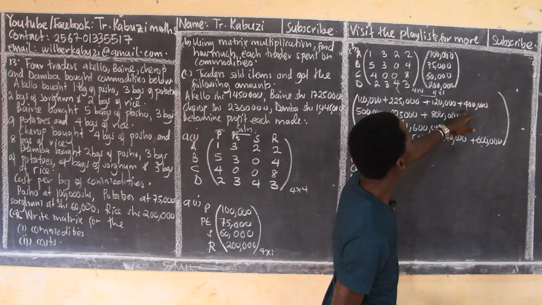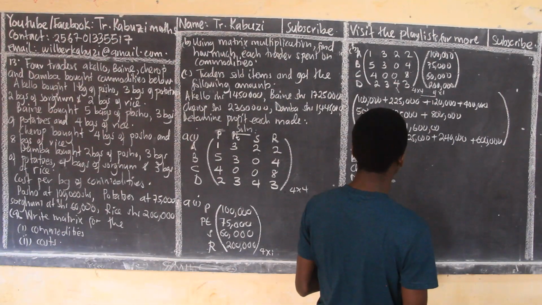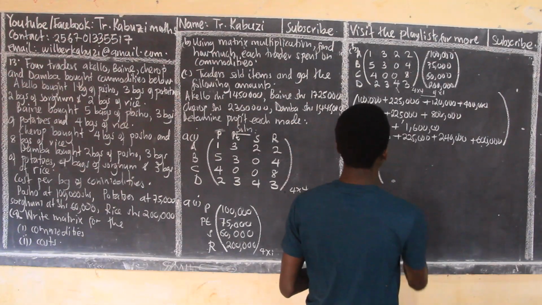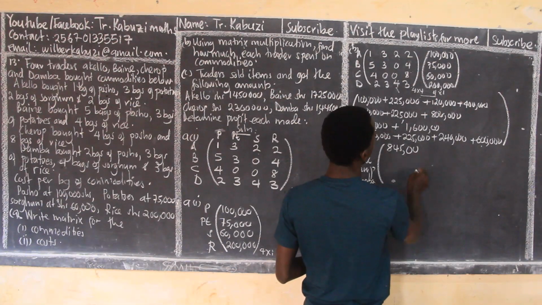So this is 500 plus, so here I get 804,5000.